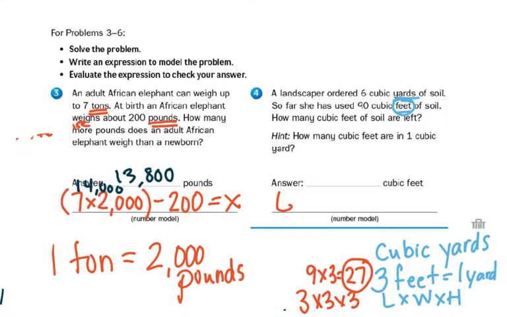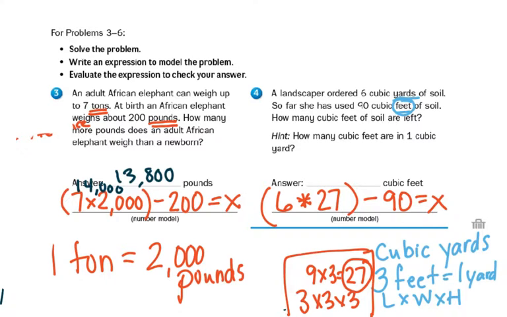So she has 6 cubic yards of soil. We have to take 6 times 27. And here's where I got the 27. There's 3 feet in a yard, and if we're talking cubic yards, I have to take length times width times height. 3 times 3 times 3 is 27. And then subtract how many cubic feet she's used. And that's 90.